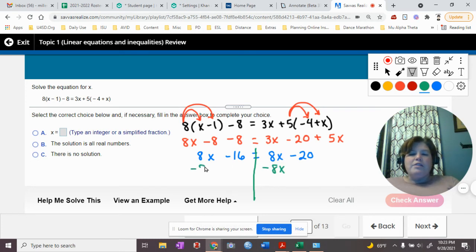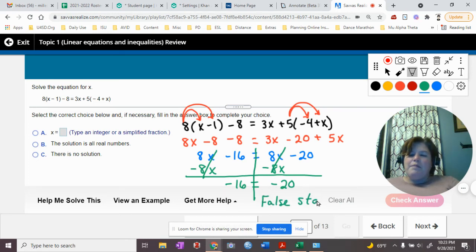So I am going to subtract 8x from both sides. Well, 8x minus 8x zeroes out, and we have negative 16 remaining on the left, and 8x minus 8x zeroes out, and we have negative 20 remaining on the right. And that is a false statement.